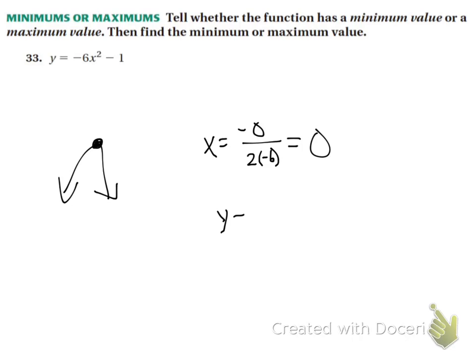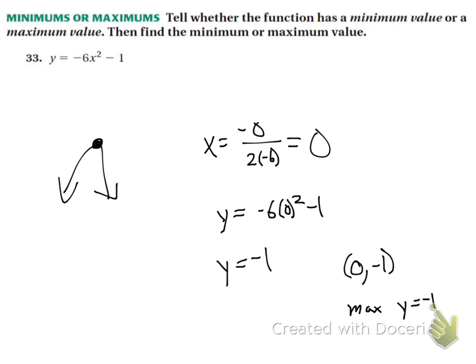Plug that in to get our y value, and we get -6 times 0 squared minus 1, or -1. So our vertex is 0, -1, and our maximum value is y equals -1.